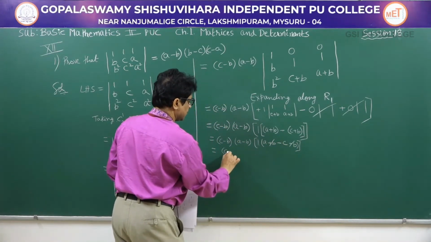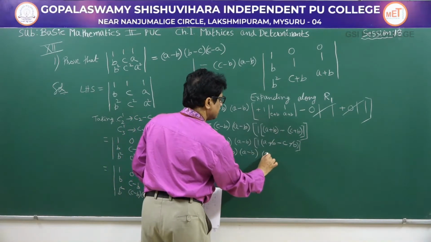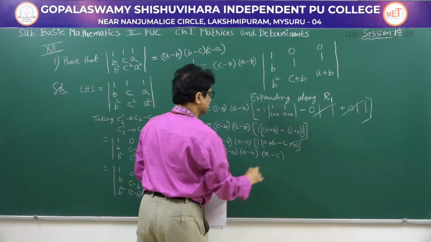That will be equal to C minus B into A minus B into A minus C.